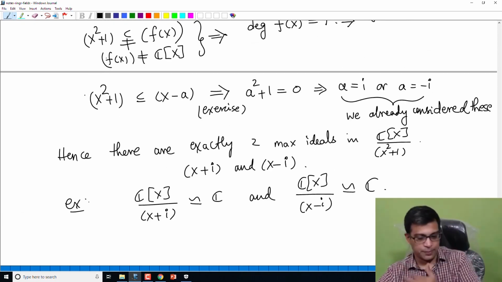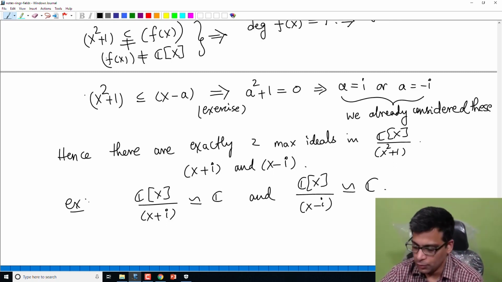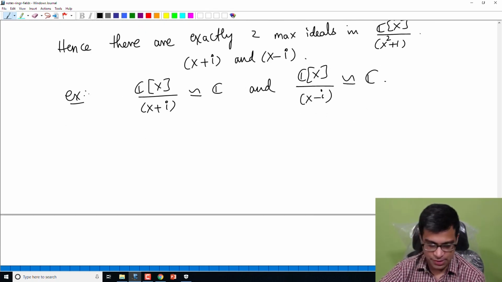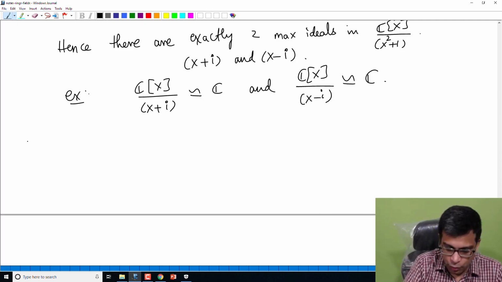Okay. So this finishes the problem where we were computing maximal ideals of various rings. Okay. So now I will do one more problem here.